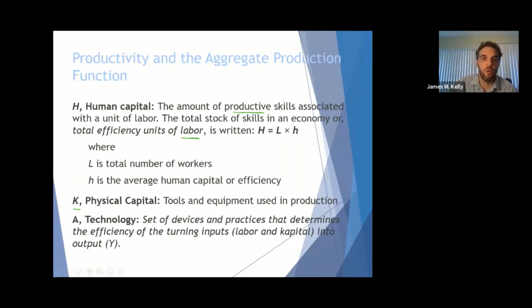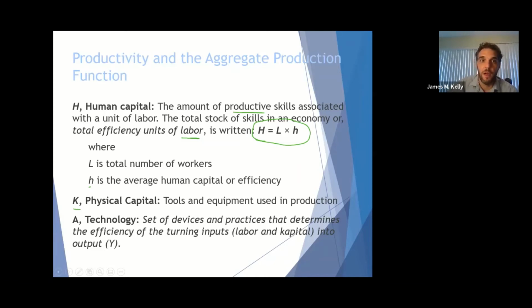And so the way we convert this is L is the total number of workers in the economy, the number of people that are employed. And then this H, this lowercase h, essentially tells you how efficient that labor is. Okay. So it's like a human capital index. It's another scaling measure, which tells you essentially how much useful input you have in the form of labor in the economy.